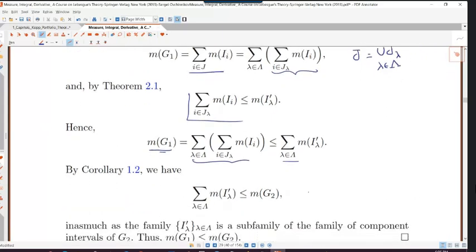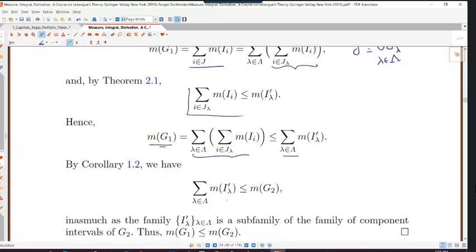By the previous corollary, the sum of M of I'_lambda is less than or equal to M of G2, because each I'_lambda is a subset of G2, and they are disjoint.